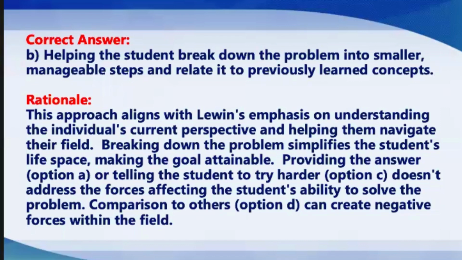Breaking down the problem simplifies the student's life space, making the goal attainable. Providing the answer, that's option A, or telling the student to try harder, that's option C, doesn't address the forces affecting the student's ability to solve the problem. And comparison to others, that's option D, can create negative forces within the field.